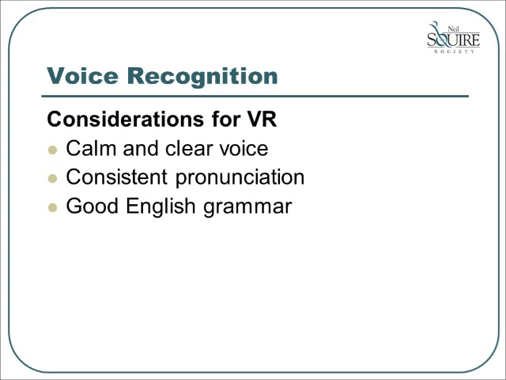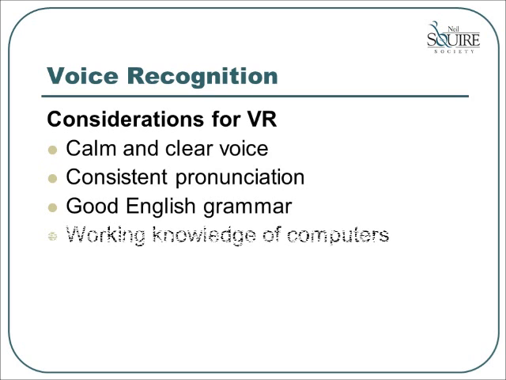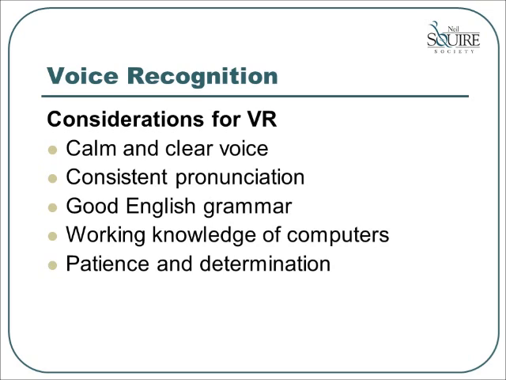You must have a good understanding of English grammar, as the program uses the structure of the English language to make its best guess about what you have said. It is helpful if you have a good working knowledge of computers prior to learning Dragon Naturally Speaking. You will need patience and determination to make this a good option for you.